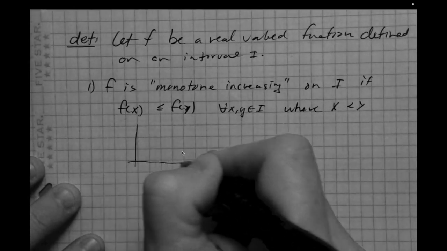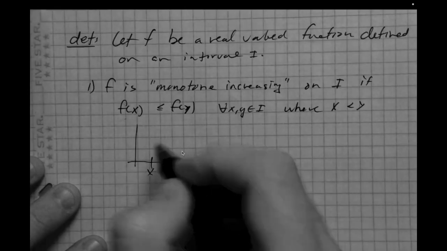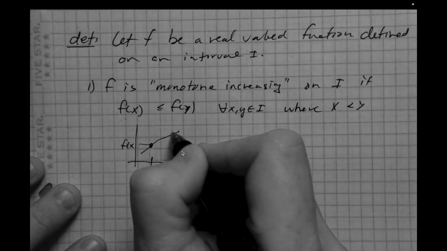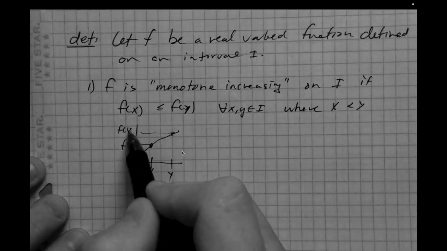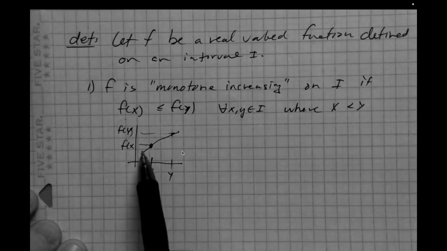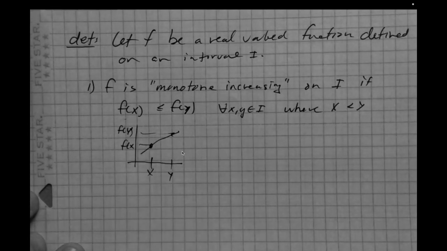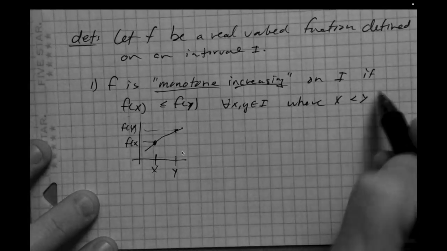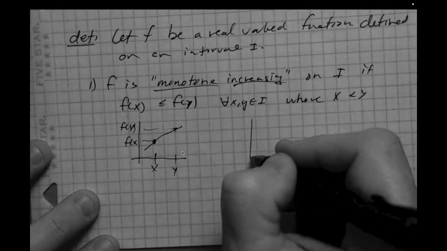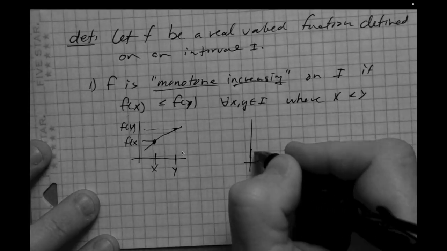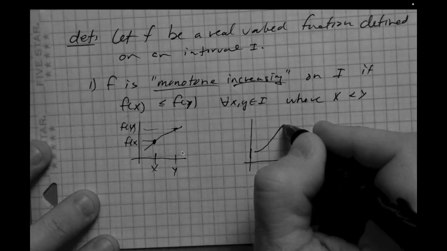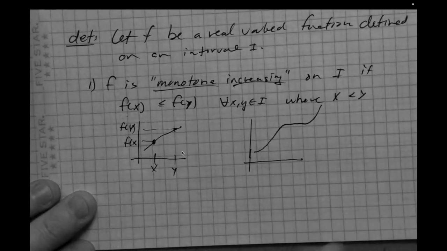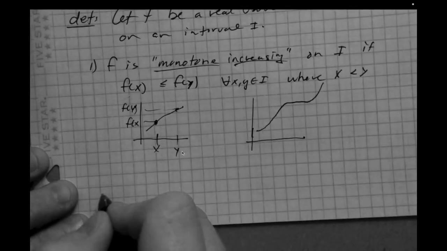For example, here's x, here's y, here's f of x, here's f of y. On an increasing function, when x is smaller than y, f of x needs to be smaller than f of y. Notice it says less than or equal to, so monotone functions can flatten out. They can go up for a long time, flatten out a little bit, and then go up some more. They just can't go down. That's monotone increasing.